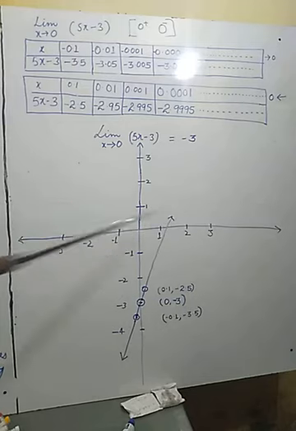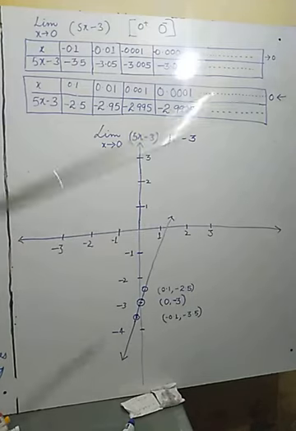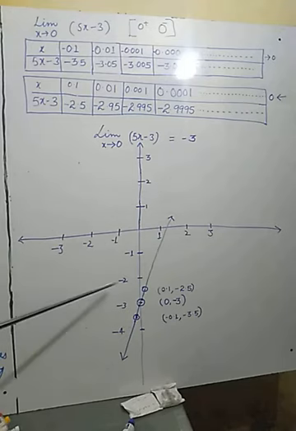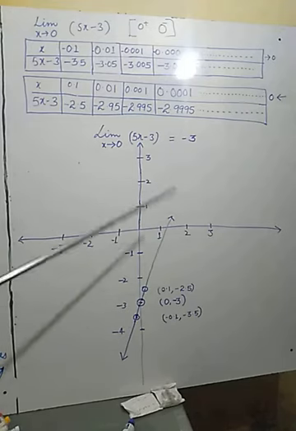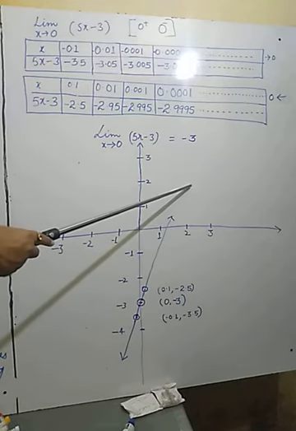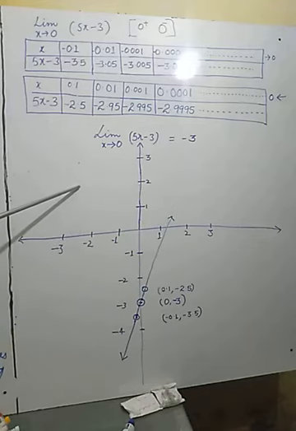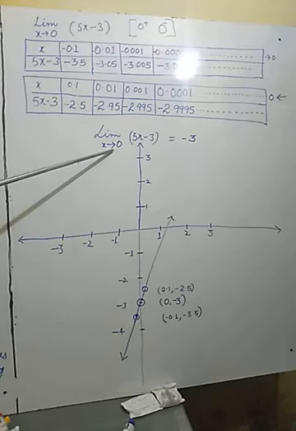On the Cartesian plane. If a plane is divided into 4 sections, 4 quadrants, that division is known as the Cartesian plane. First quadrant, second quadrant, third quadrant, fourth quadrant. You know, in the first, the values of x and y are both positive. Here the value of x is negative, the value of y is positive.